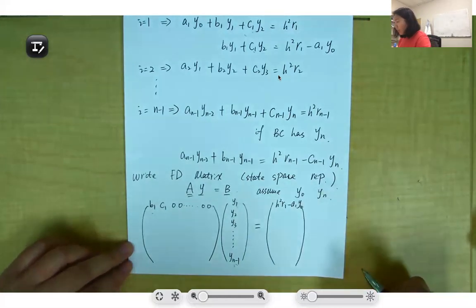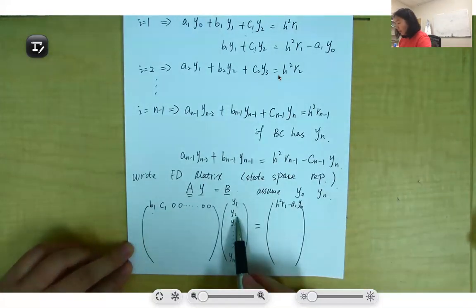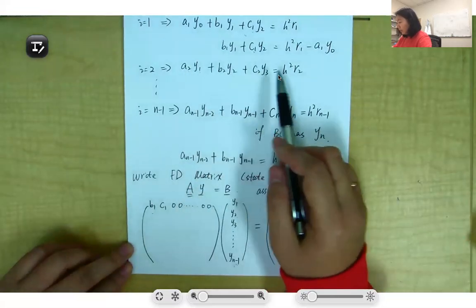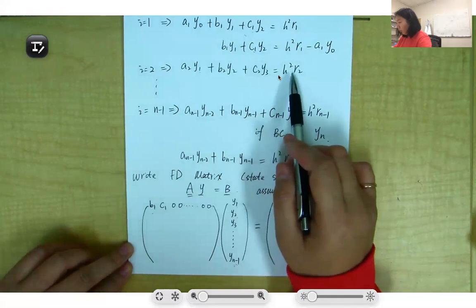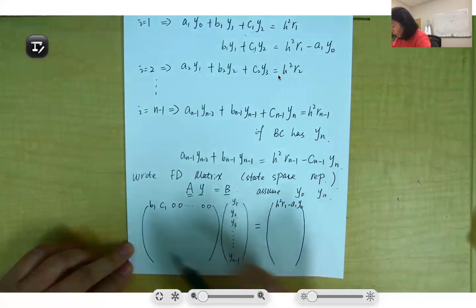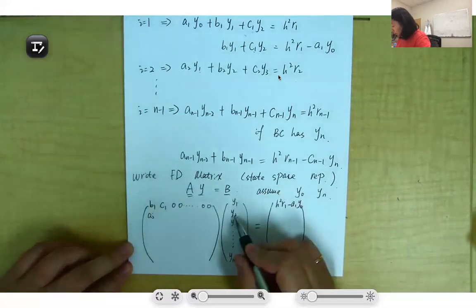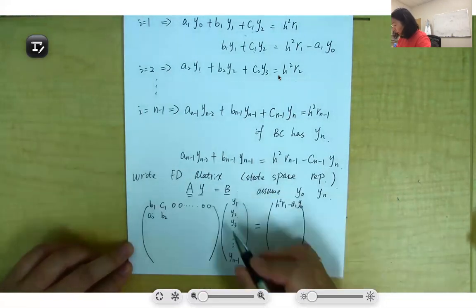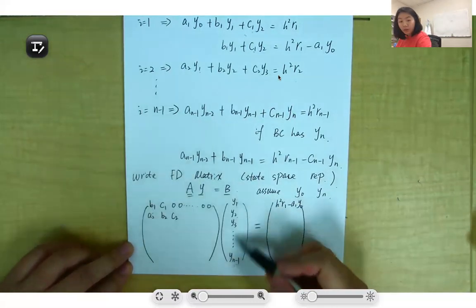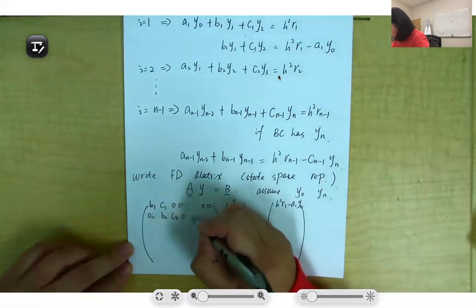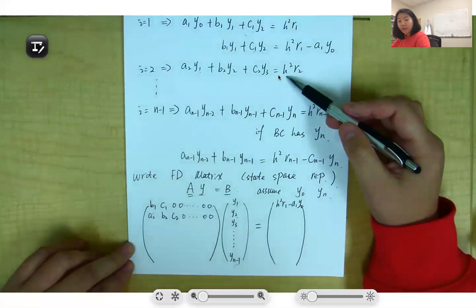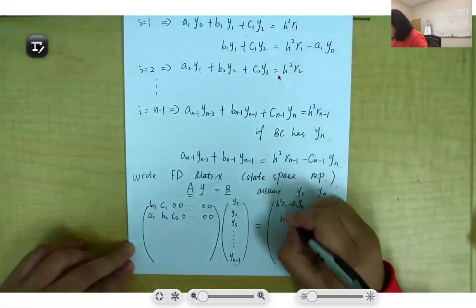Okay? Then the second line will be a2 y1, b2 y2, c2 y3. The sum equals h squared r2, right? So the coefficient for y1 will be a2, the y2 coefficient b2, the y3 coefficient c2, and all the other unknown coefficients will be 0. So 0, 0, 0. Then that equals h squared r2.